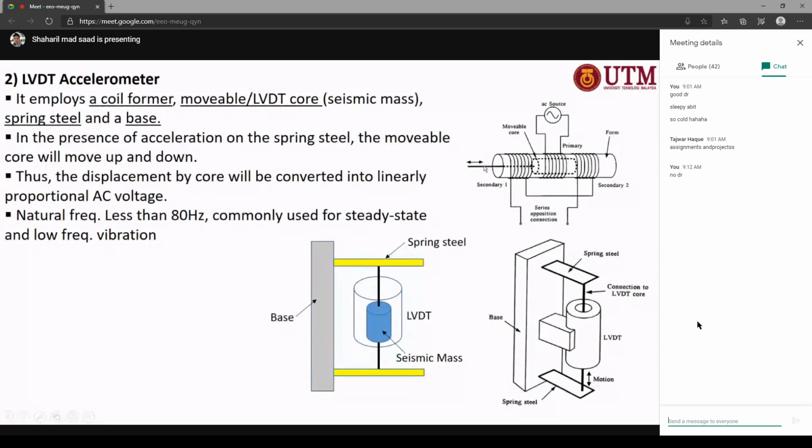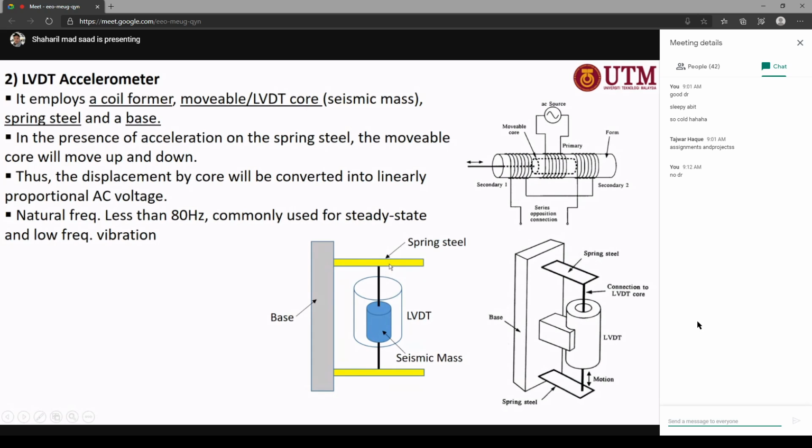So when there is acceleration and you move the core to the right and to the left, you will get a different output here. I just draw a simple thing. It contains a spring steel here, and then it is connected to the seismic mass here. And this one, the LVDT, contains the primary and also the secondary coil here.